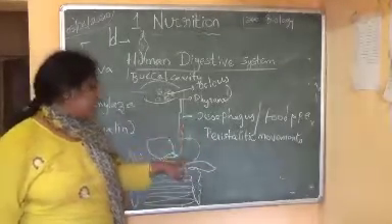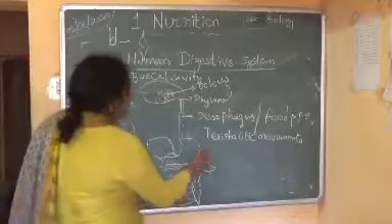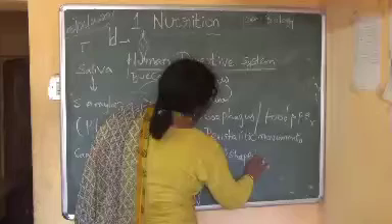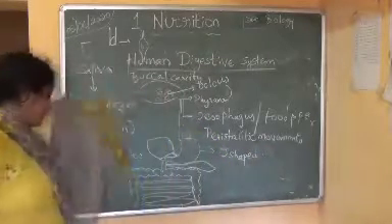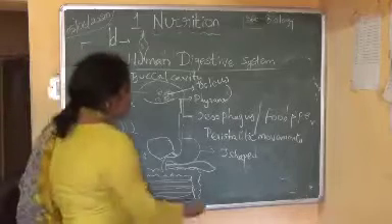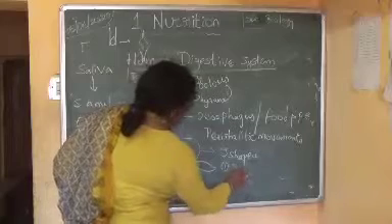Now the food enters the next main part called the stomach. Stomach is a J-shaped structure. The stomach secretes some important products, like gastric juice.